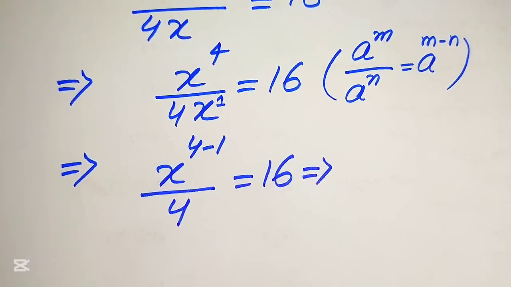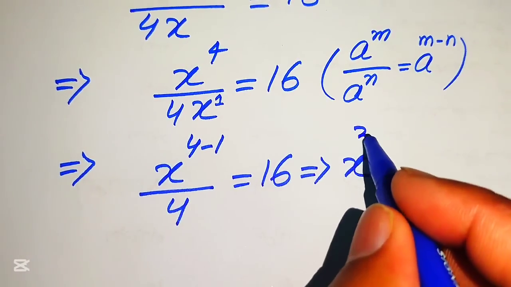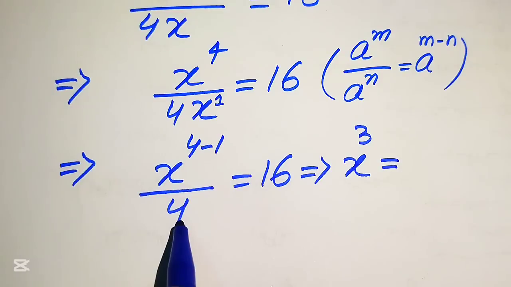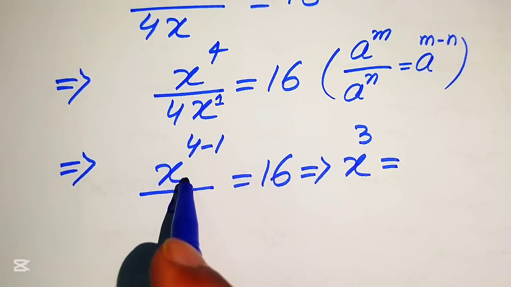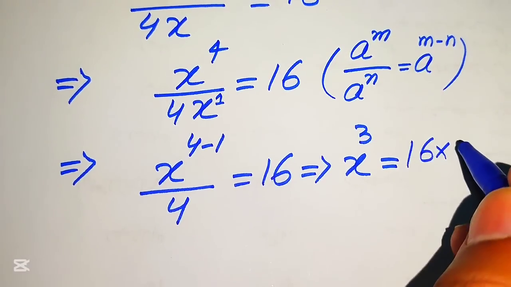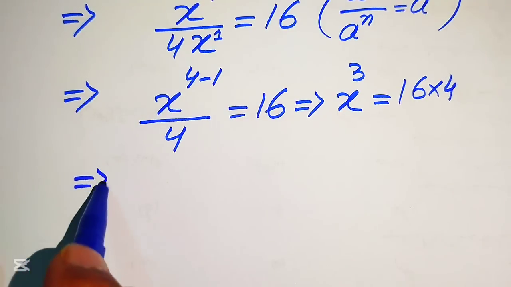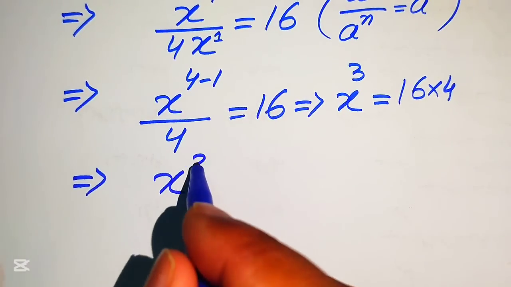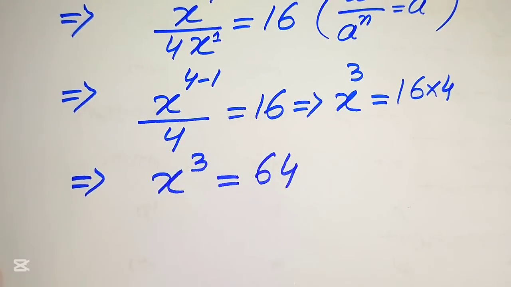So this equation implies that x to the power of 4 minus 1 becomes x cubed equals, here we move this 4 to the right side, and when we move it to the right hand side it is multiplied by 16. So we write our above equation as x cubed equals 16 fours are 64.